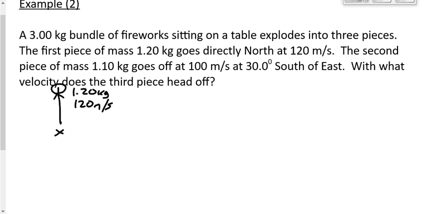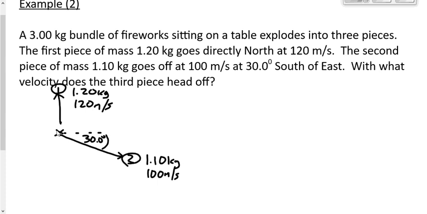Then I got another one going at 30 degrees south of east. That would be down here. And that's 30 degrees south from east. 1.10 kilograms and a speed of 100 meters per second. Is that okay so far?